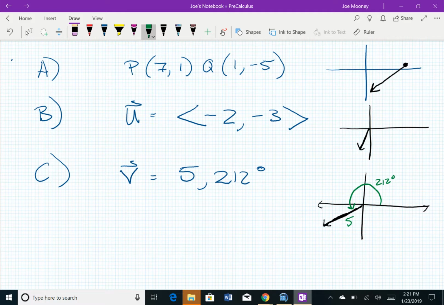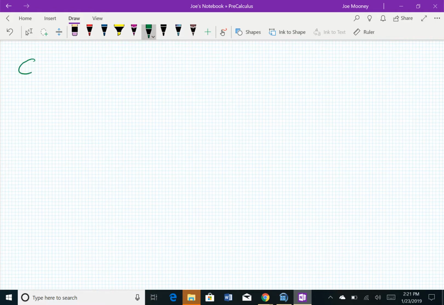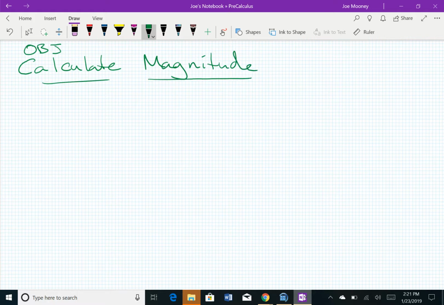So now the next objective is going to be calculating magnitude. Magnitude is a fancy word for the length of your vector.